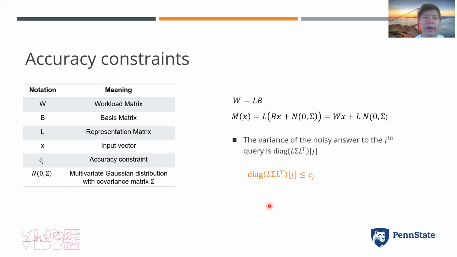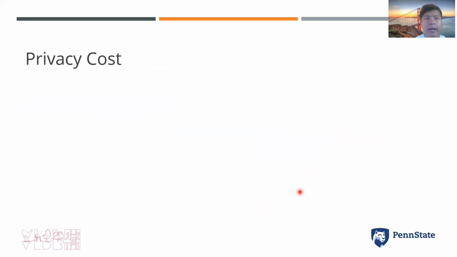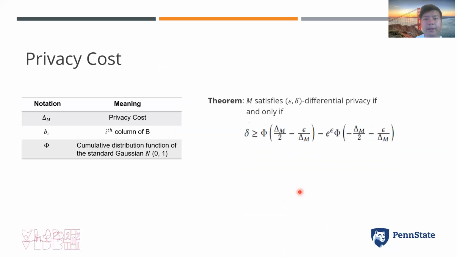Finally, we can write down our accuracy constraints. In order that each query has variance at most some Cj, which is the accuracy constraint, this inequality has to be satisfied. And then we want to define the privacy cost. The theorem says that if a mechanism satisfies epsilon-delta differential privacy, then delta should be greater than this term.